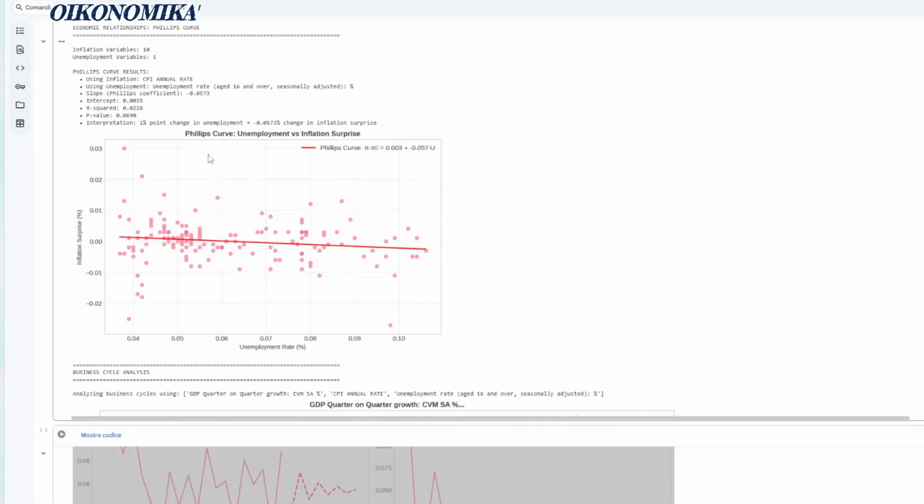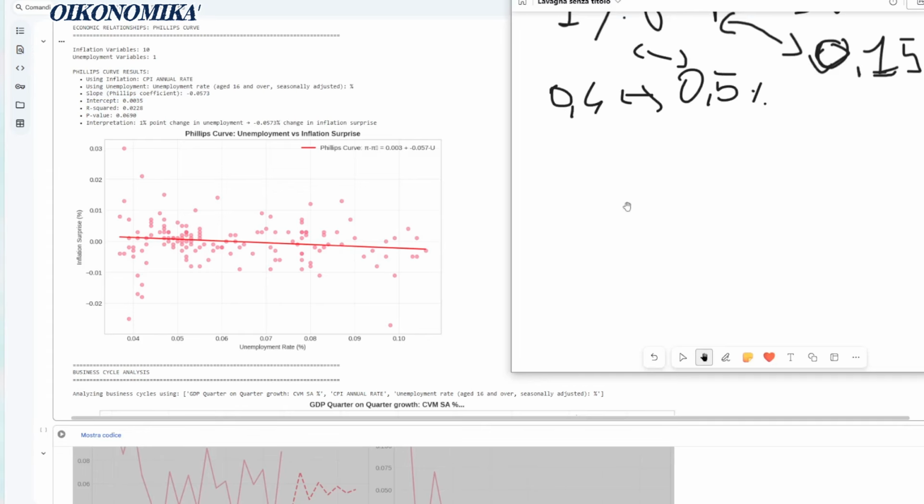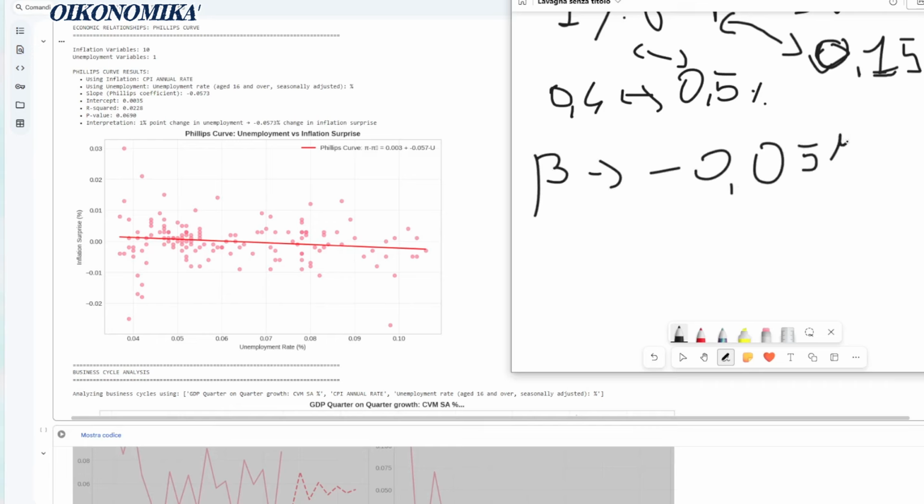So here we have the Phillips curve. We have unemployment and inflation, and basically the song remains the same. The slope of the Phillips curve in this linear regression model, because I have so many estimates, is not an absolute factor. The slope of the Phillips curve parameter here is minus 0.0573.